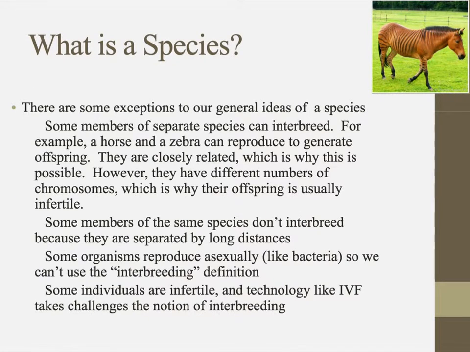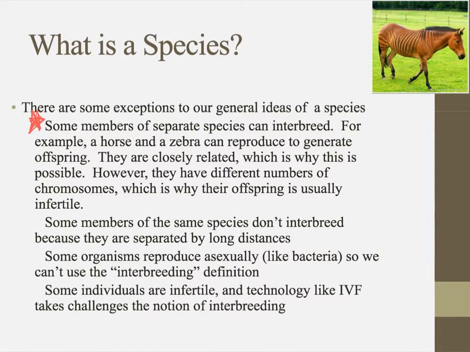Now, of course, this is biology. There are very few rules that don't have an exception, and this is kind of one of those weird exceptions. So our idea of a species is things that can interbreed and produce fertile offspring. Now, what's interesting about this is that there are some species that can interbreed. Okay, they just can't produce fertile offspring.